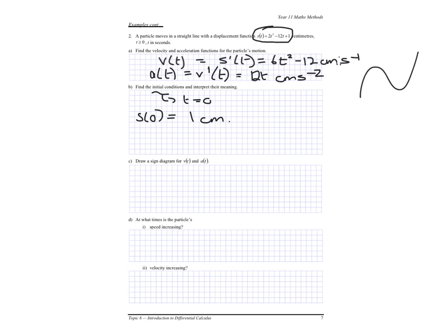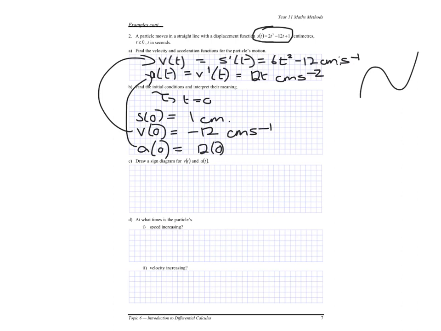Then v of 0, you substitute 0 into this one, and you would get 6 times 0, take 12, so you get negative 12 centimeters per second. And then a of 0 is going to equal, substituting 0 into this one, 12 times 0, which equals 0 centimeters per second squared.